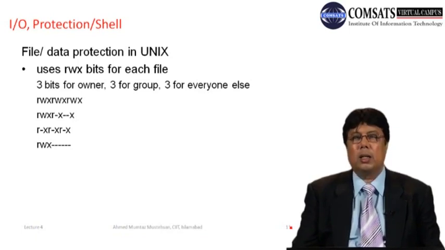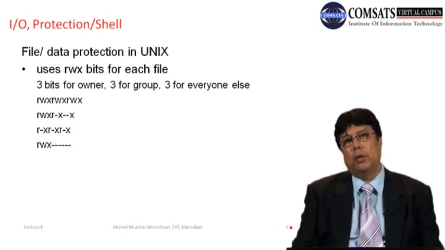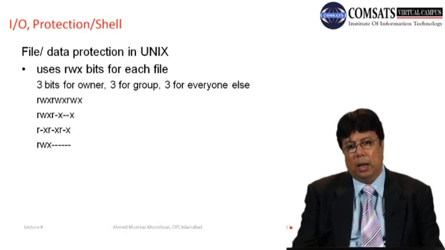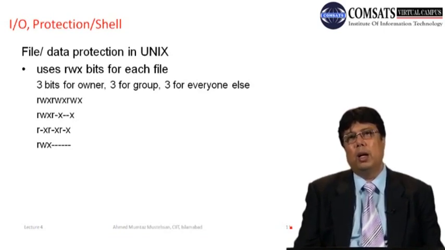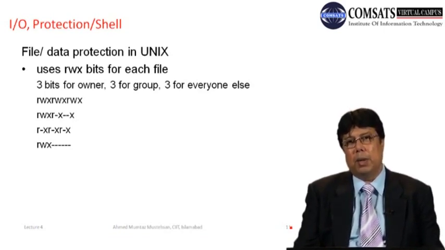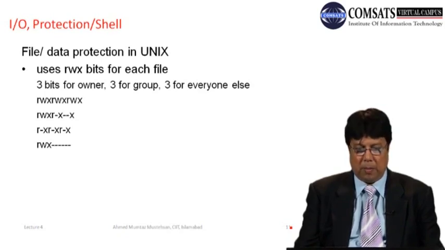Suppose there is certain information that a user wants to keep confidential, for example bank related information, the annual report, or the business plan, and one party wants to keep it separate from the other. That facility is provided by the Unix operating system.